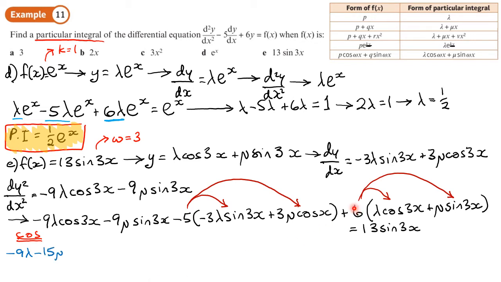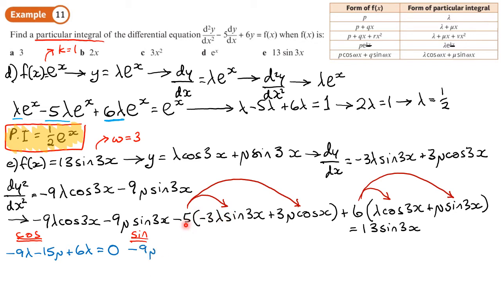Then from the last bracket I'm going to get 6 lambda. So plus 6 lambda equals 0. If I now compare the coefficient of the sine terms, on the right hand side it's 13. On the left hand side it's going to be negative 9 mu.